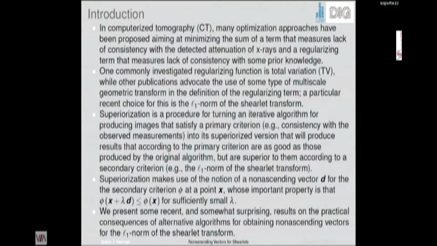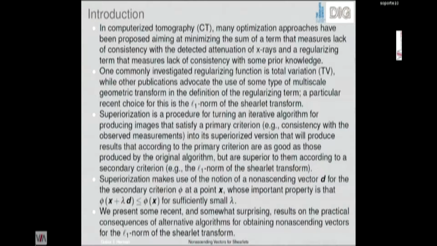And the idea is the following. You usually have the primary criterion, which says how near are you to the measurements you have taken. Right? You would like to produce an image which is consistent with the measurements. And so the primary criterion usually measures consistency with the observed measurements. And typically, in mathematics, working with the primary criterion translates into a feasibility problem rather than an optimization problem.